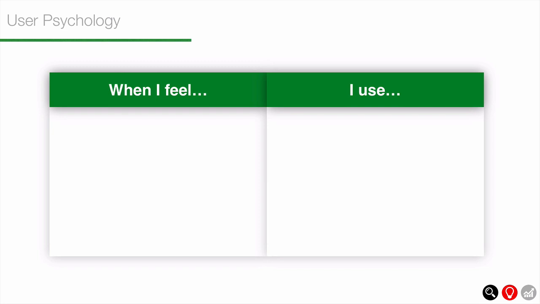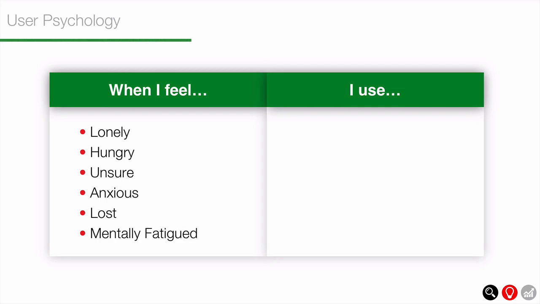So there's a little bit here about how people use different things, and when I feel lonely, when I feel hungry, when I feel unsure, anxious, lost, and mentally fatigued, what is it that I use? When I'm lonely, I often go to Facebook, and I think about engaging with my friends online, perhaps.